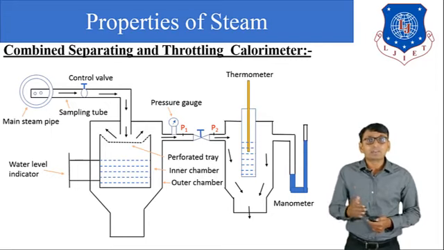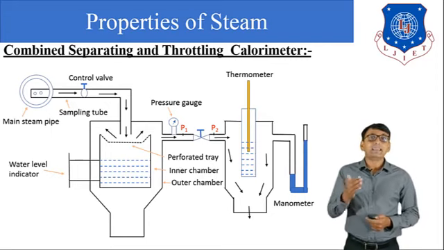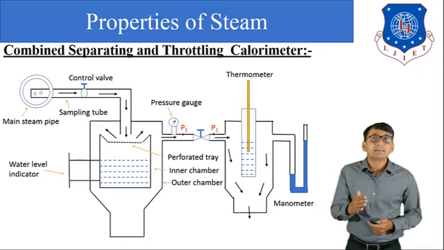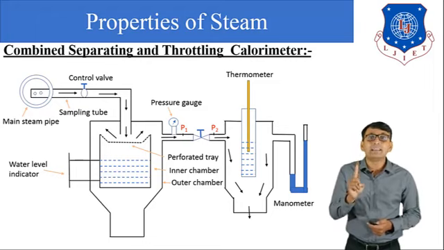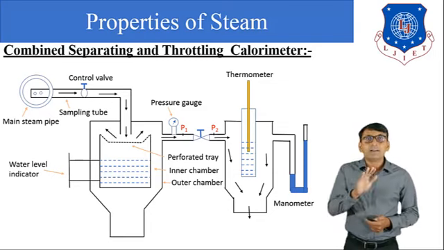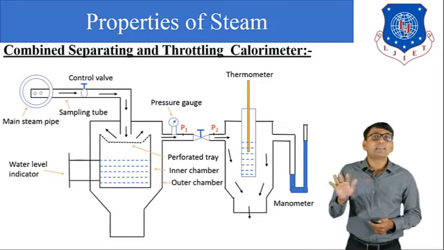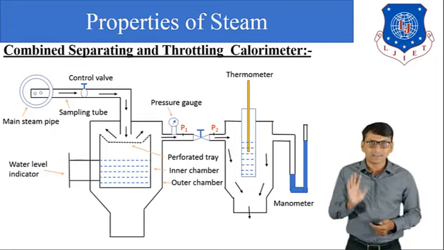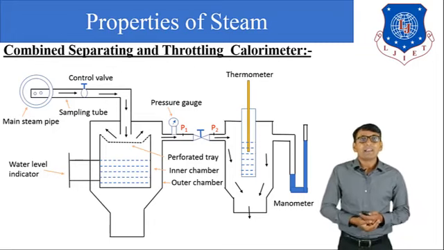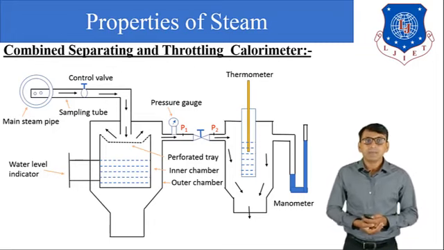Due to centrifugal force and inertia of the droplets, water particles are separated from the wet steam and collected in the inner chamber. But 100% of the water particles are not separated. It means the remaining steam also contains very little water particles.